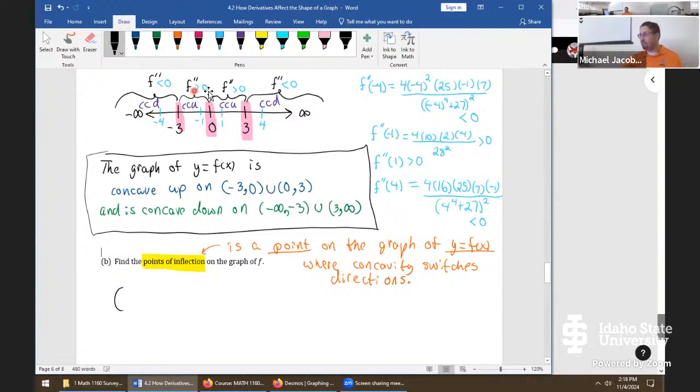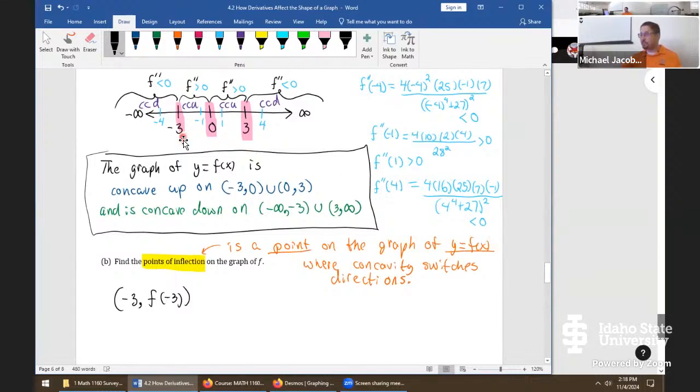This was concave down to concave up. That means at -3, we switched concavity. So we put in -3, f at -3. The fact that we have an actual ordered pair means we have a point we're specifying. The fact that there's f at -3 reminds us this is a point on the graph of the original function, y equals f of x.